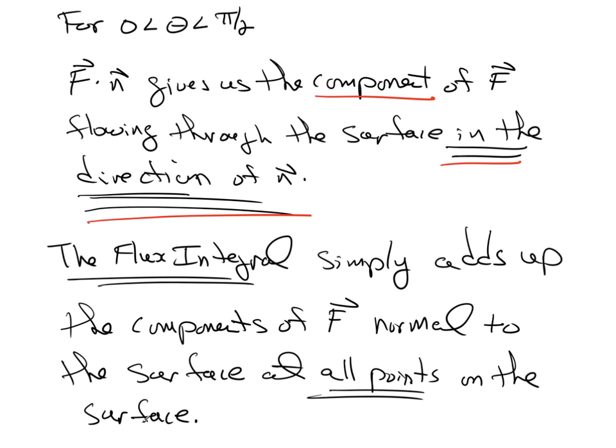Just like the line integral through a vector field, where we thought of it as adding up all of the work done by the vector field at each and every point along the path, it's the same sort of idea, only we're moving from a curve in 3-space to a surface in 3-space.